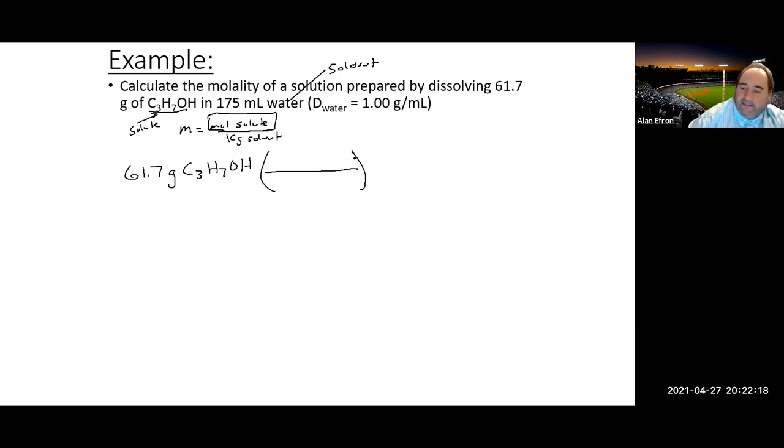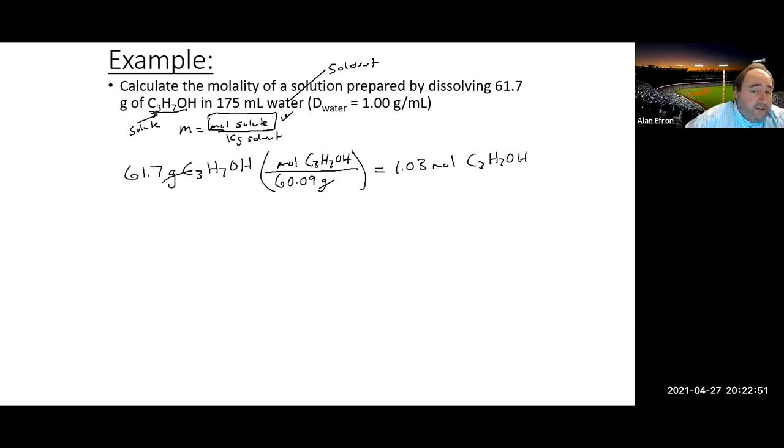It looks like we get 60.09 as our molar mass here, 60.09 grams per mole of C3H7OH. Grams will cancel, and 61.7 divided by 60.09 gets you 1.03, we'll call it, moles of C3H7OH. That is the top part that we need.